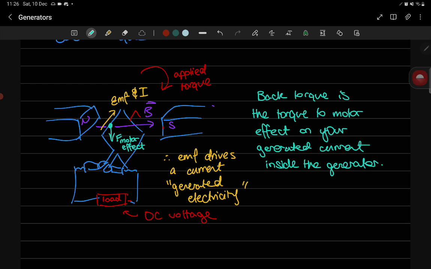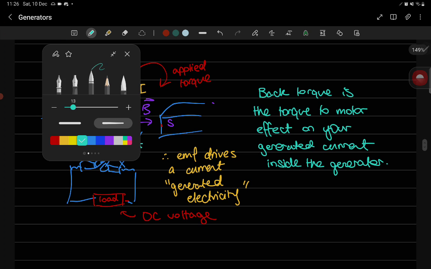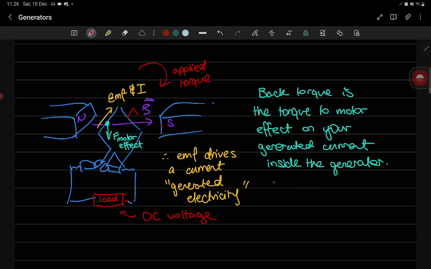And importantly, it always acts against the applied torque. So however you try to turn the motor, your back torque will always act against it. And as you probably have already guessed, this is very much due to the conservation of energy.